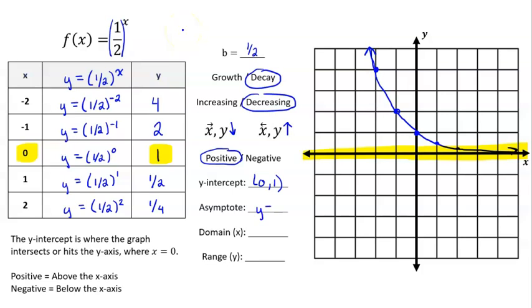And so that's going to be y equals 0. It's still going to the left forever and to the right forever, so that's going to be all real numbers, so you can put R with a double bar, and then the range, it's still above 0.